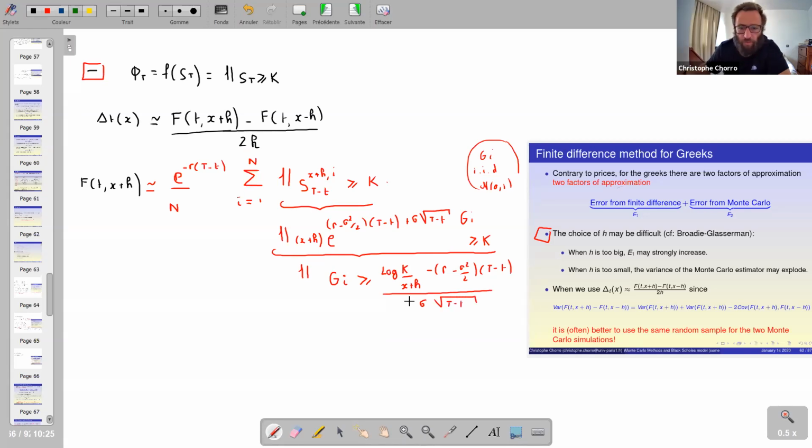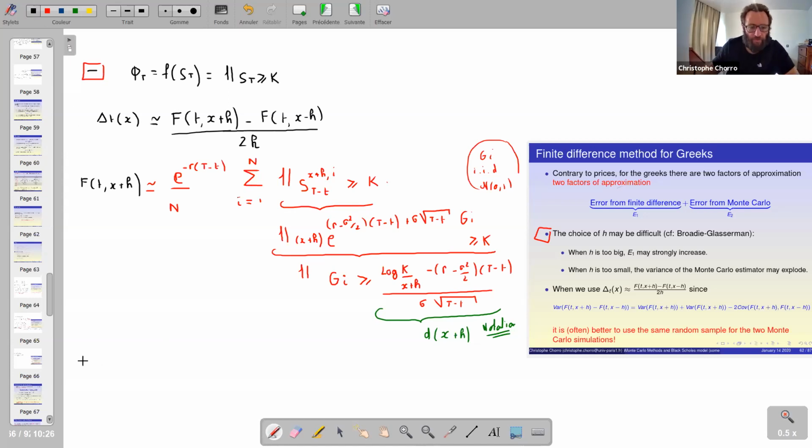I will give a name to this quantity. I will call it d of x plus h, the notation.